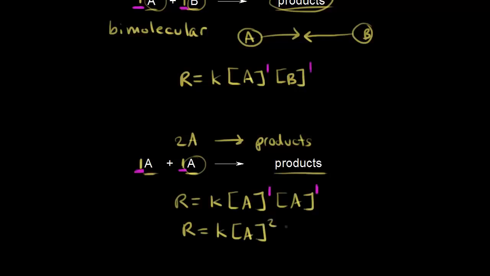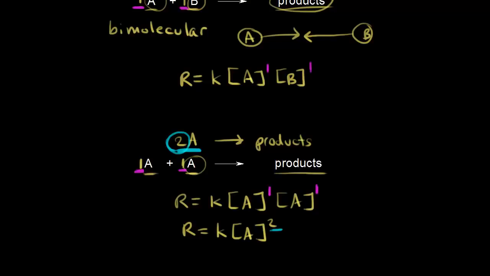A to the first times A to the first is equal to A squared. Or we could have looked at our other version of writing it, right? 2A, and once again our coefficient would become our exponent. So this is another example of a bimolecular reaction.